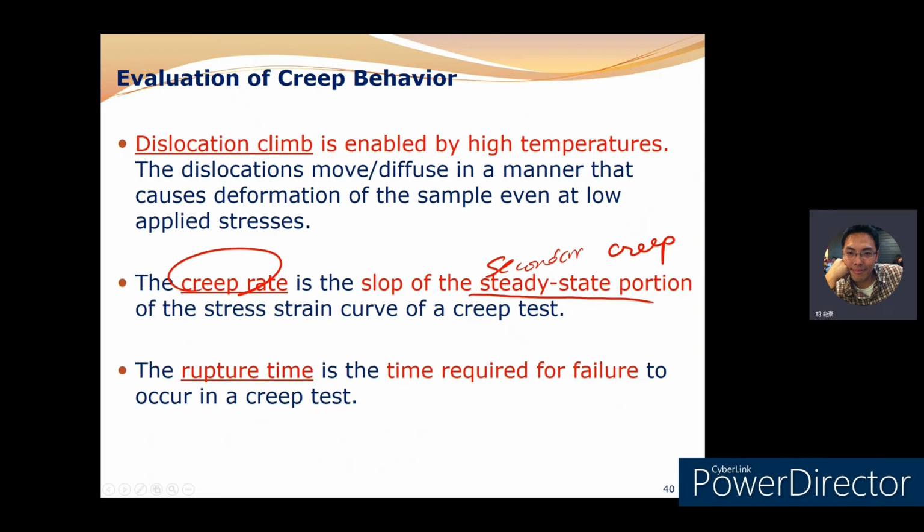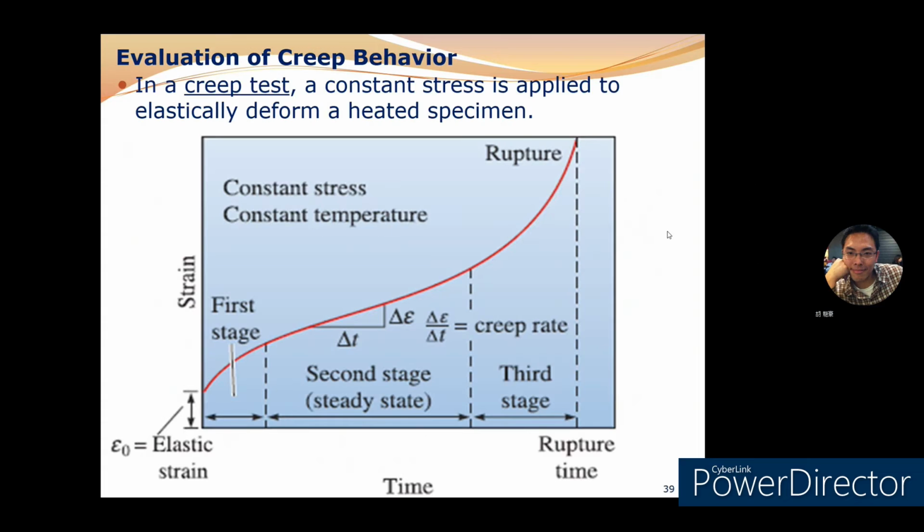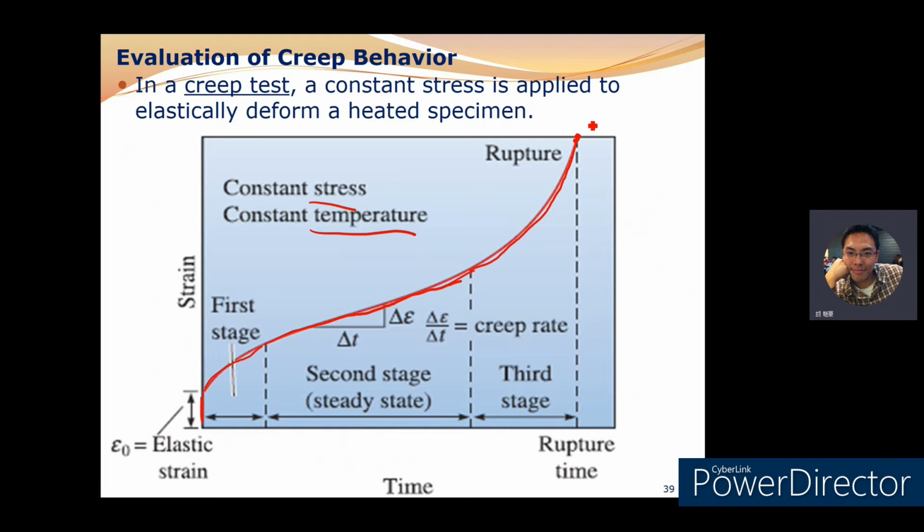And the rupture time is the time required for failure to occur in a creep test. That means this point, the rupture time right here, and the creep rate right here.